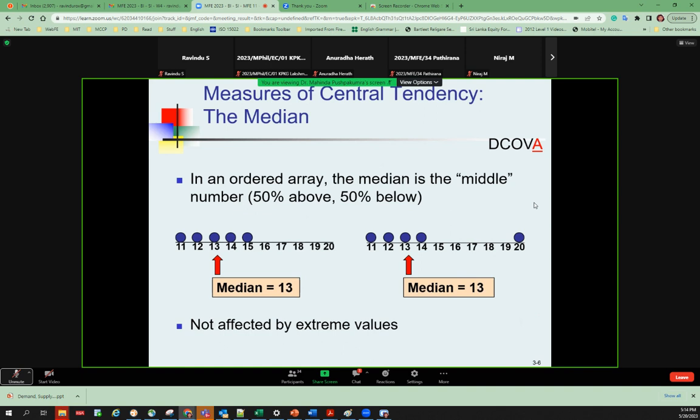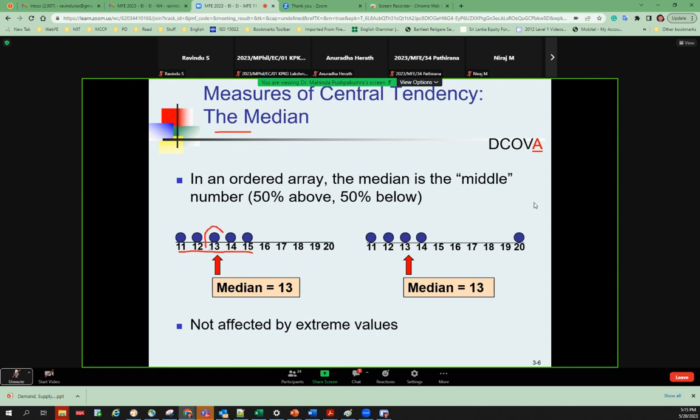Then the second measure is the median. In an ordered array, the median is the middle number. It is very simple. You can arrange the data set in ascending order.